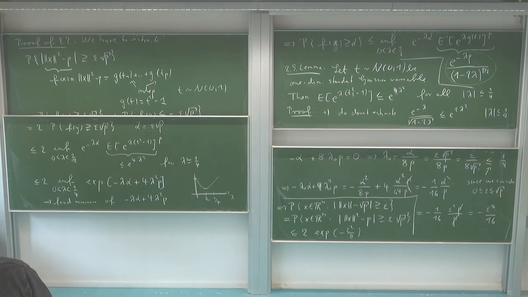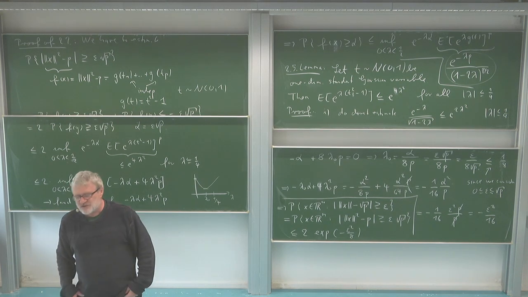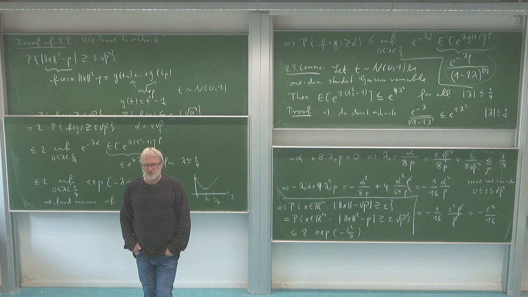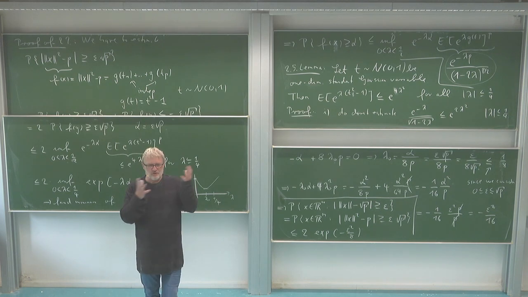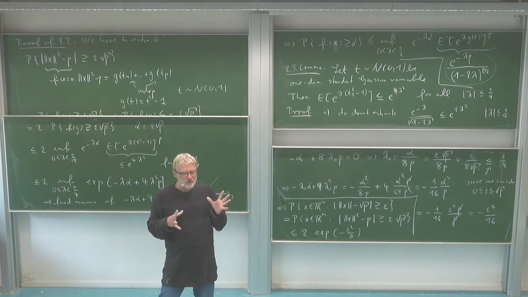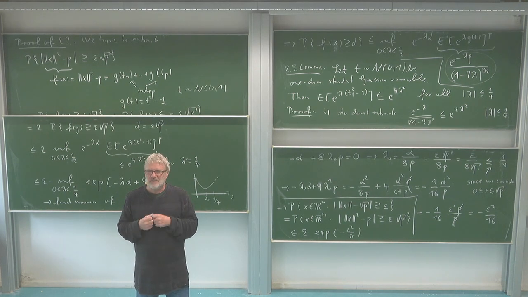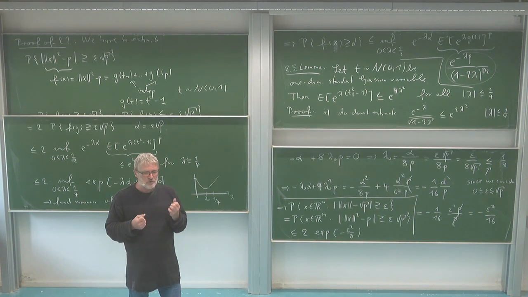But maybe what is more interesting for us is if we look at functions which are not linear. In particular, neural networks are functions of the input data, but of course they are not linear. And so we should hope that maybe we can also get concentration in more general situations.